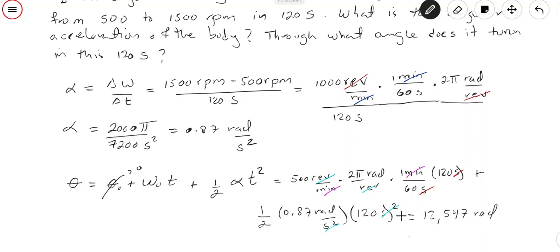This is not the only formula you can use to do this calculation of the angle, right? There are other formulas in your book that you can use also to calculate the angle.